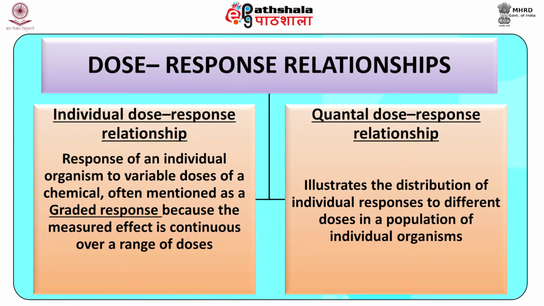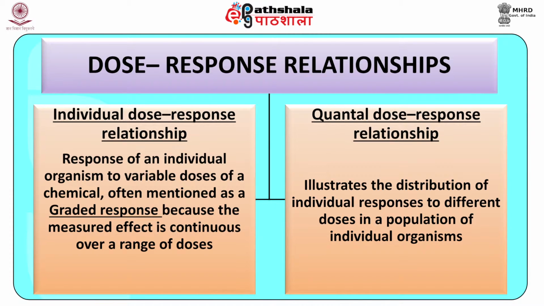From a practical viewpoint, there are two categories of dose-response relationships. First is the individual dose-response relationship, which refers to the response of an individual organism to variable doses of a chemical, often mentioned as a graded response because the measured effect is continuous over a range of doses.